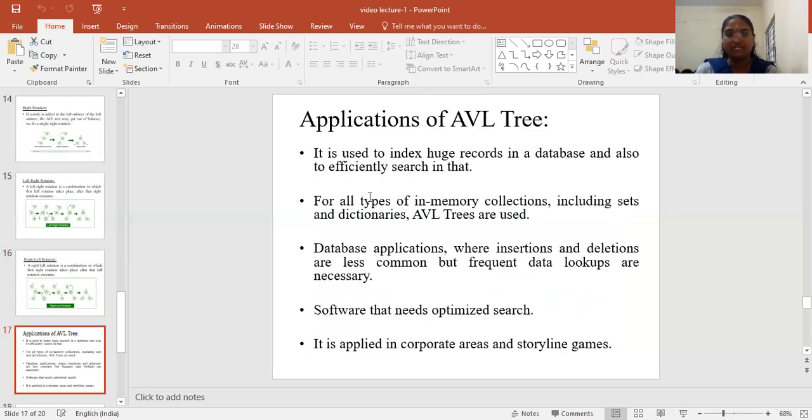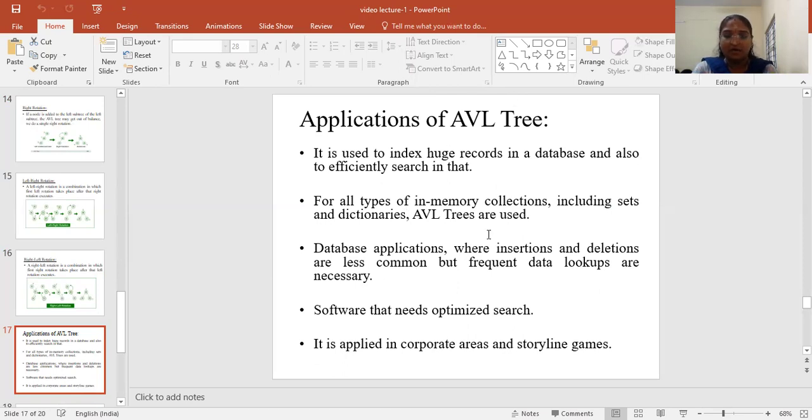Coming to the applications, it is used for huge records in databases for efficient search. If you go for any database records and want to search for one record, then this AVL search tree will be helpful to get the exact record. It is also used in memory allocation, like sets and dictionaries, to search for a particular variable.